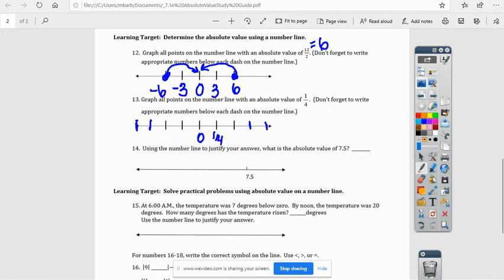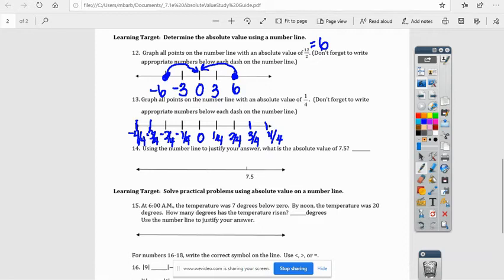So 1/4, 2 fourths, 3 fourths, and 4 fourths. And then the same on the left side, negative 1/4, negative 2 fourths, negative 3 fourths, and negative 4 over 4.